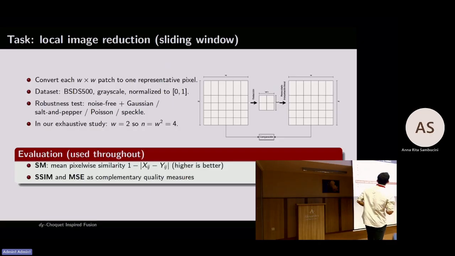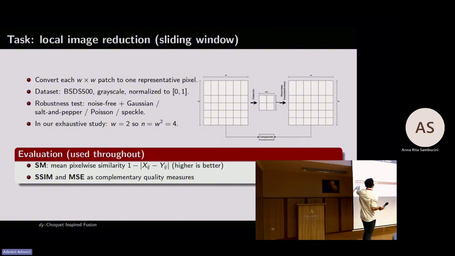So in the first application, that is image reduction, what we're going to try is to find the best combination of those F functions to next use in the convolutional layers. So in this application, we use the dataset BSDS500 in grayscale, normalized to 0 to 1. We use 5 noise cases to study the robustness of each sequence, and we use windows of 2 by 2 pixels.